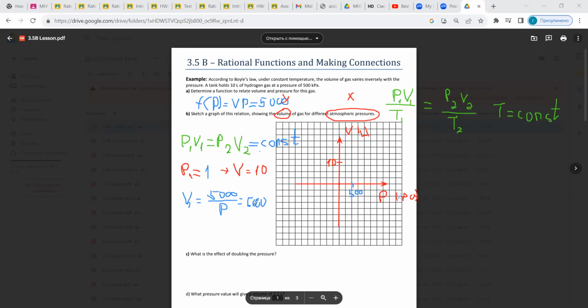Okay? Does it make sense now? I think we figured it out. So when pressure is somewhere really close here, like 1, then the volume would be an incredibly huge one, like 5,000 liters.